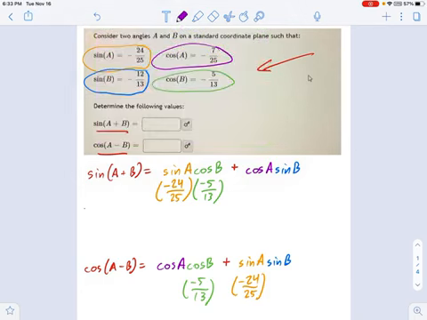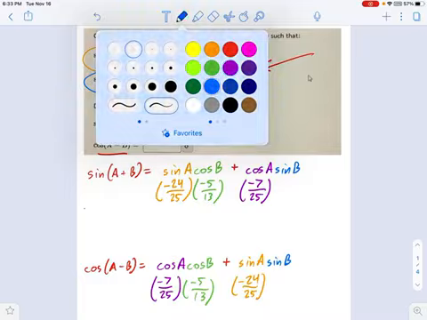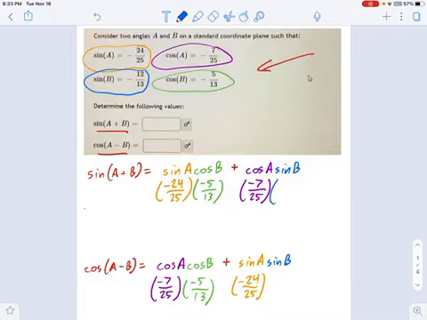Cosine in purple. That's cosine of A. That's negative 7/25. And I'll put that over here. And sine of B is our last one. That's going to be negative 12 over 13.